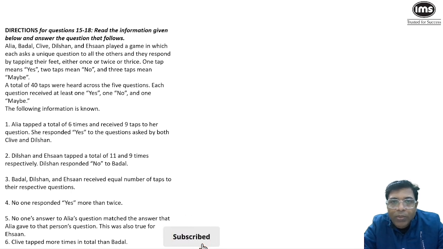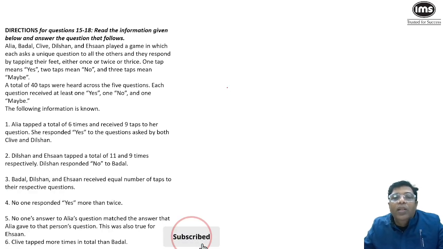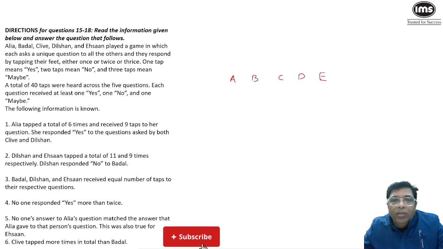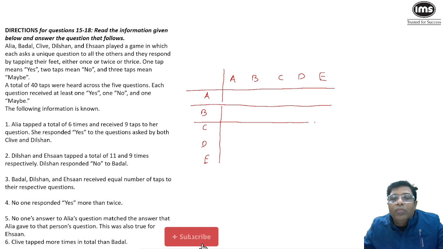Before solving this set, we should make a proper structure so that I can put all the information together. So I'll write the names of the five people, A, B, C, D, and E, column-wise as well as row-wise.